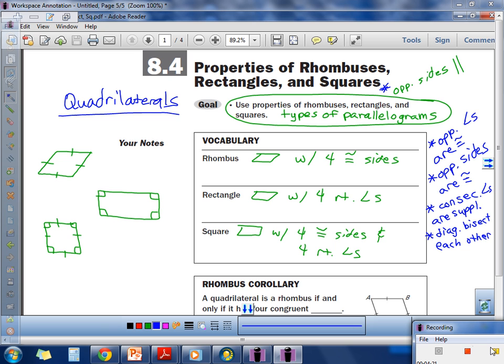So we'll stop there. So it has 1, 2, 3, 4, 5 properties. Oh, one other one that someone just said was interior angles add to 360 degrees. That's a great property to remember.